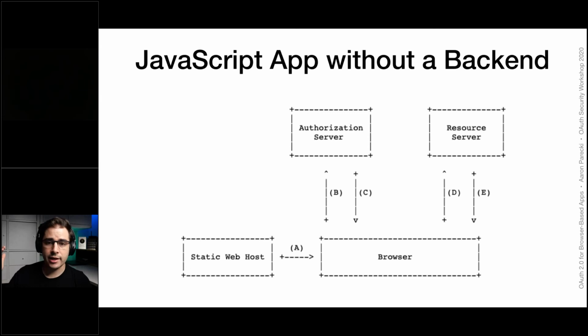It can do the redirect to the authorization server, handle the redirect back, exchange that authorization code for an access token itself, and then make requests directly to the resource server. This requires, of course, proper cross-origin resource sharing to be configured, because the token endpoint, if that lives on a different domain, needs to have cross-origin resource sharing set up properly in order for that token request to work.